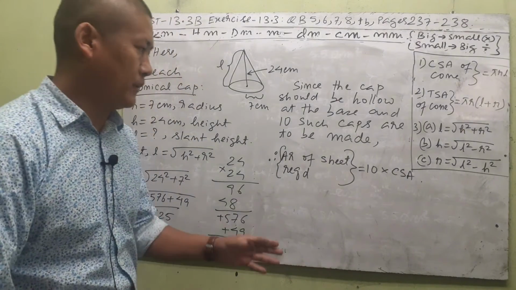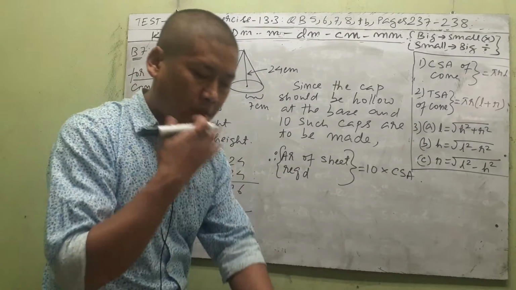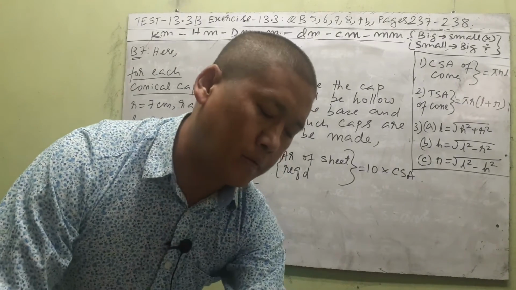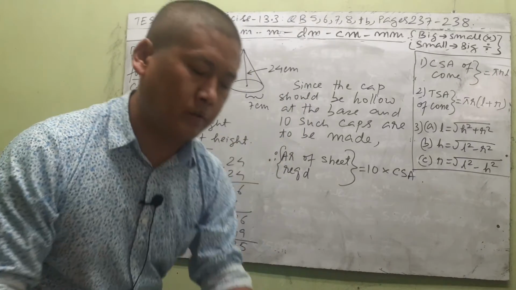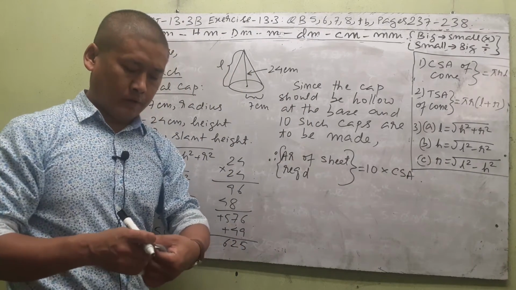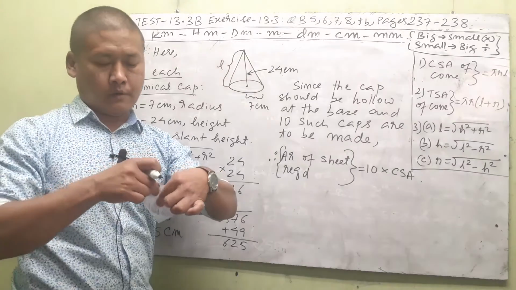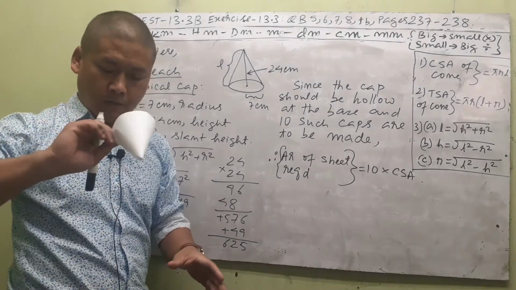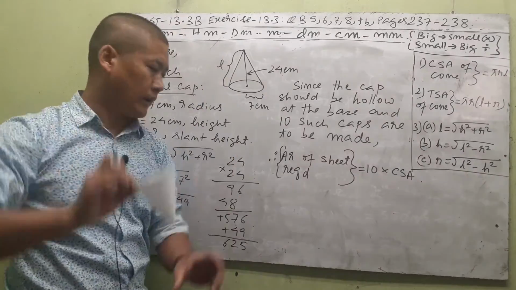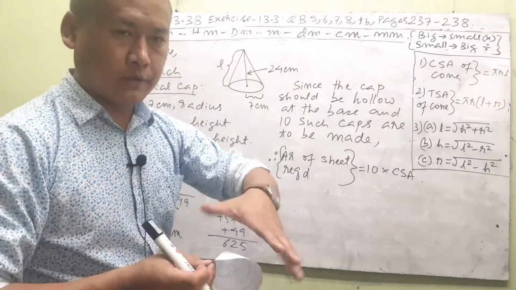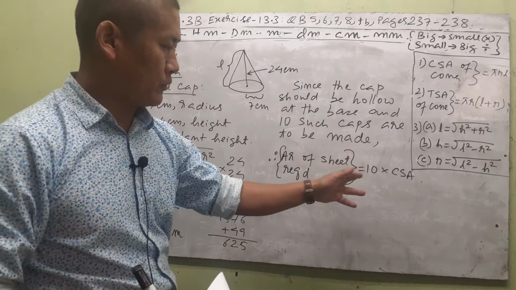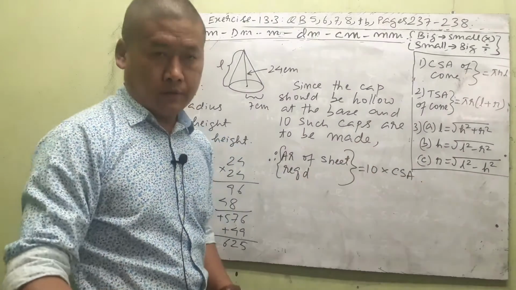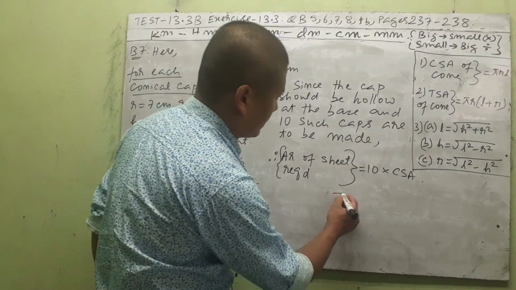For each cap it is only the curved surface, because the conical cap is exactly like this, it has a hole, no paper here, no sheet here, so that we can insert it on the head. One cap means one curved surface area, so 10 caps will be 10 into curved surface area. That is the total area of sheet required.